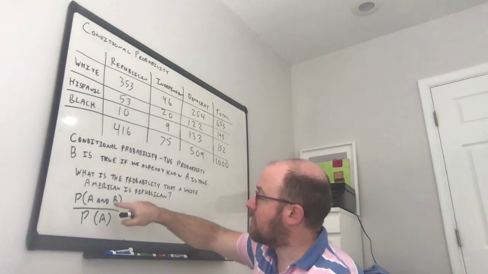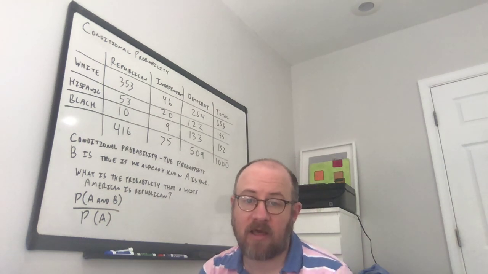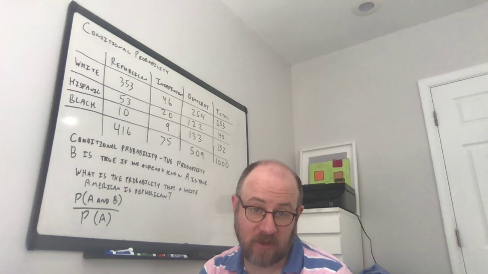We look at the probability of both being true divided by the probability of the one that we already know being true.